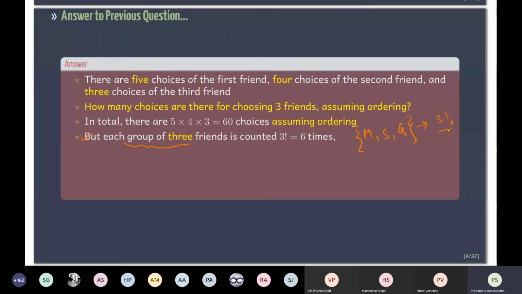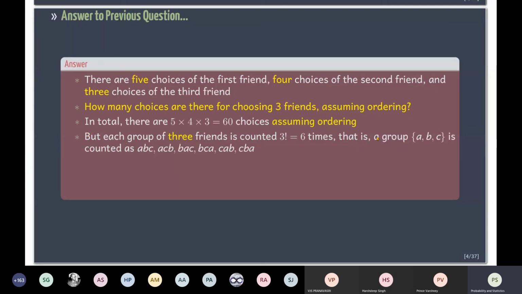You could have done S, M, G or G, M, S, all permutations of this. So in picking the 3 friends, since you did not distinguish until now, you have counted 3 factorial permutations of the three of them.